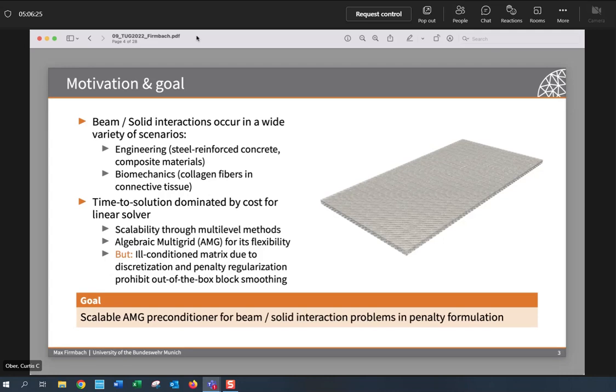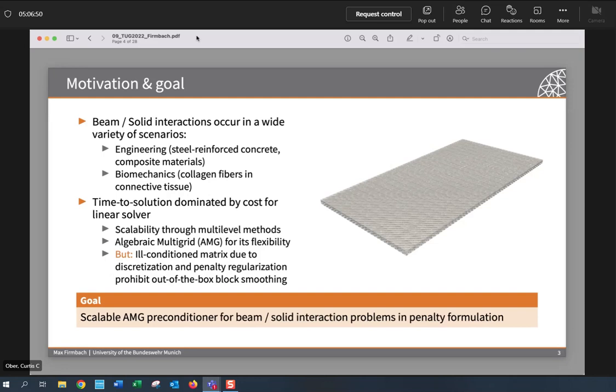But we also will face some challenges like an ill-conditioned matrix due to the discretization and the penalty regularization we will use, which basically prohibits out-of-the-box block smoothing techniques. So just to reformulate, the goal is we really want to achieve a scalable AMG preconditioner for beam-solid interaction problems in penalty formulation.